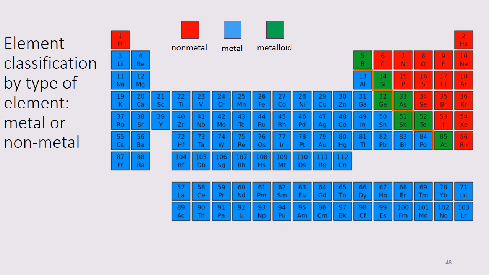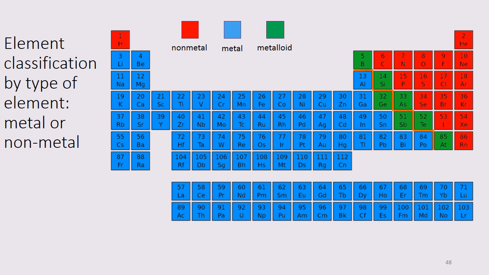Notice that there's a little orange zigzag line going from left to right, starting at boron and then zigzagging all the way down to Po, number 84. That is the technical dividing line between metals and nonmetals. So if you just want to say, is it a metal or a nonmetal, everything to the right above that line is considered a nonmetal, and everything to the left below that line is considered a metal.